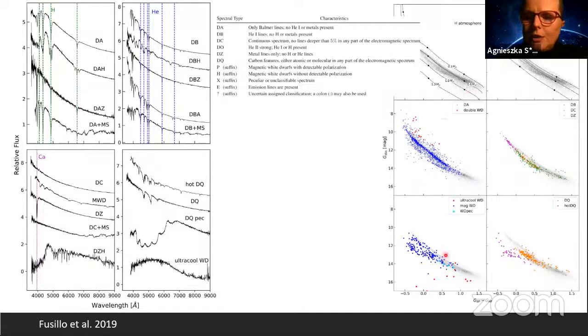And here you have the HR diagram for white dwarfs, let's say the corner, with different types indicated by different colors. You can already see that, for example, DB white dwarfs are located here in the upper left corner of the white dwarf family.